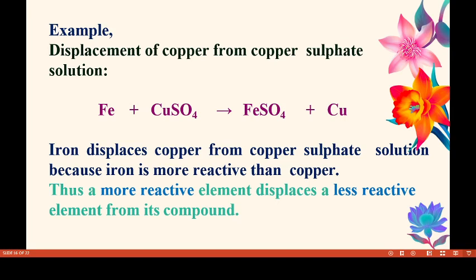Iron reacts with CuSO4, copper sulfate, and iron displaces copper from copper sulfate solution, because iron is more reactive than copper. A more reactive element displaces a less reactive element from its compound.